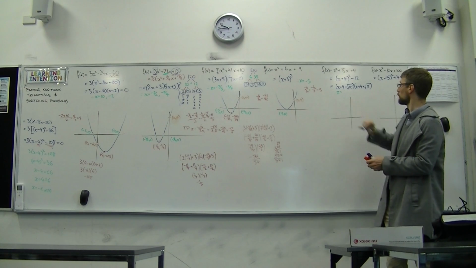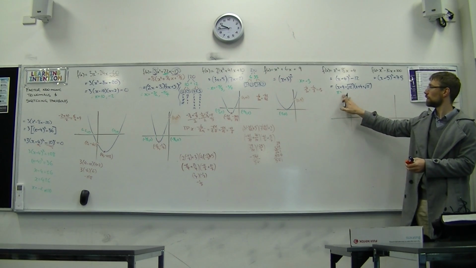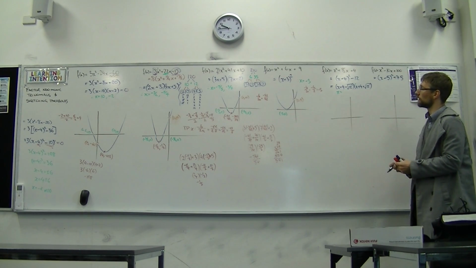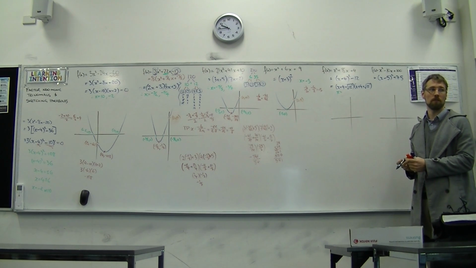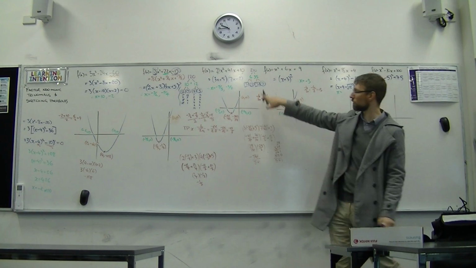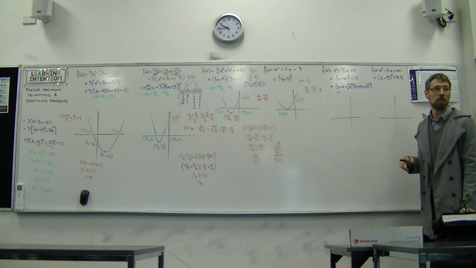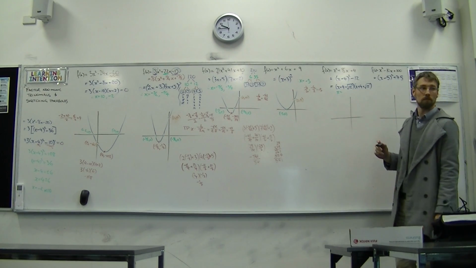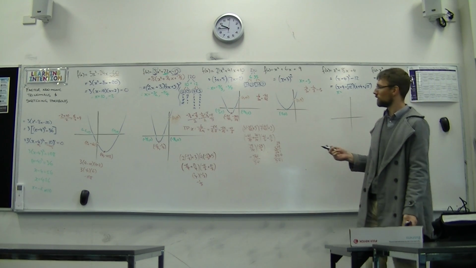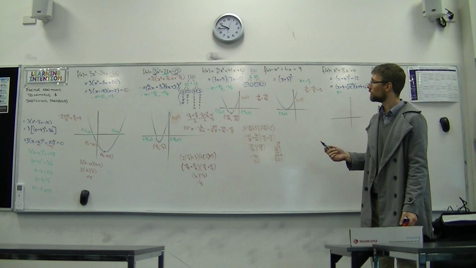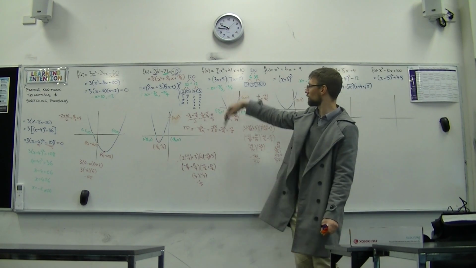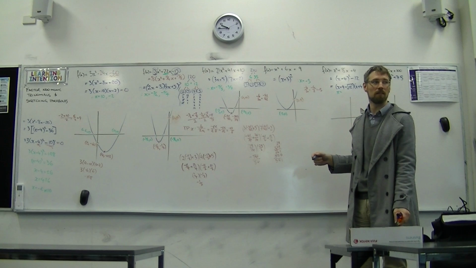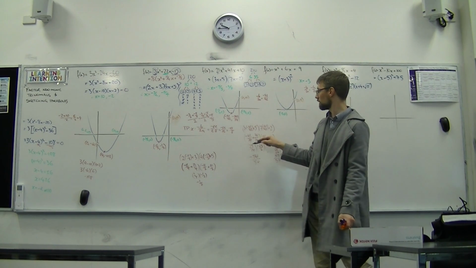Will there be questions like that on the test? They might be, but they'll be worth less as a result. Like this will be worth at least twice that. And the other one, f of x?